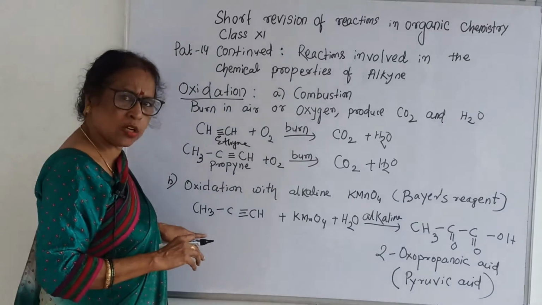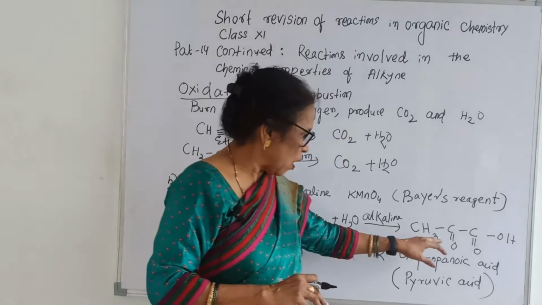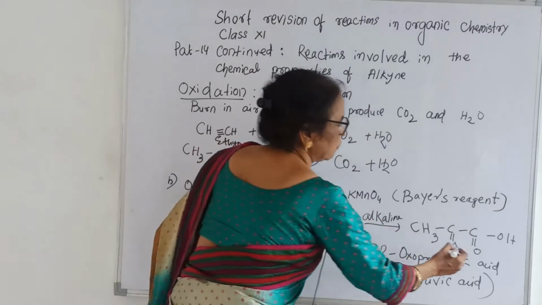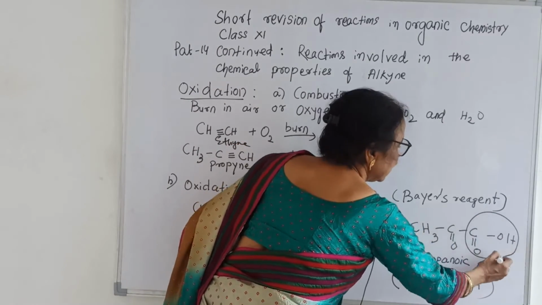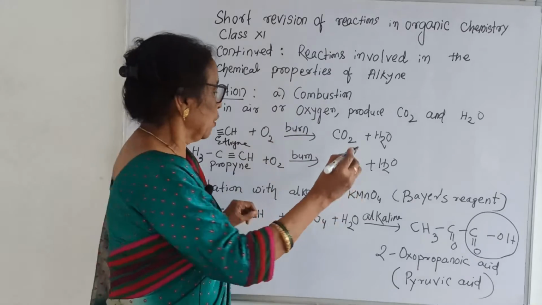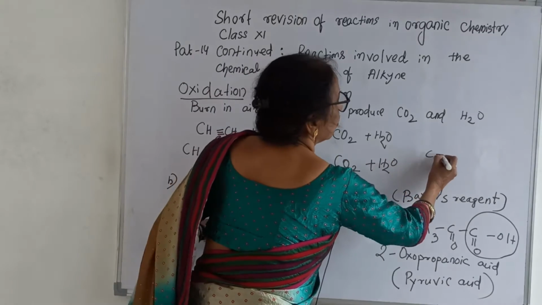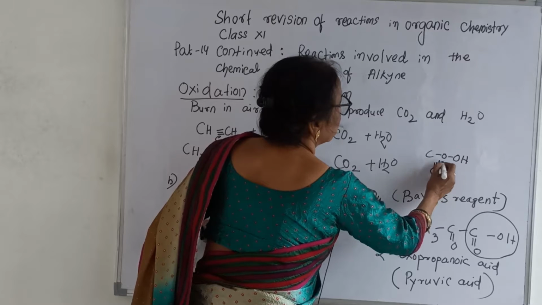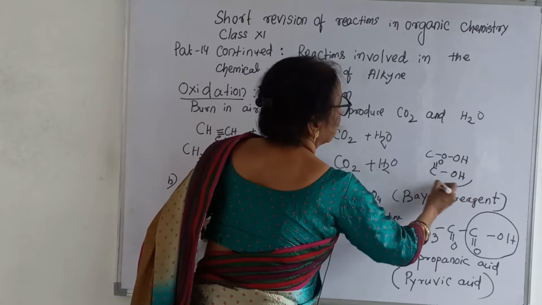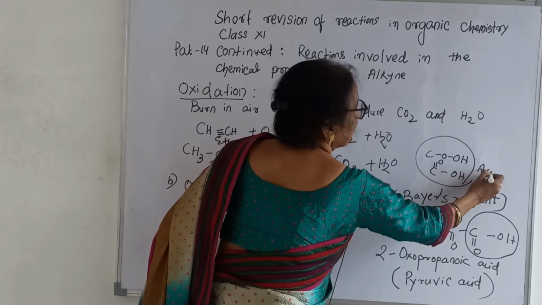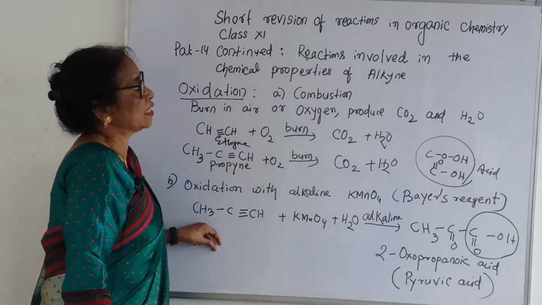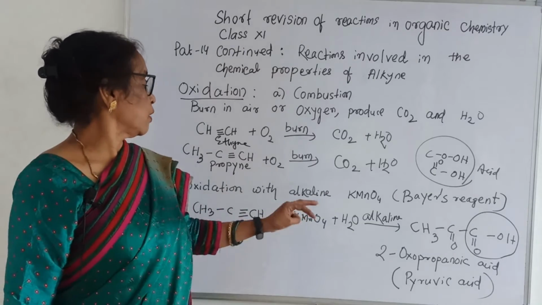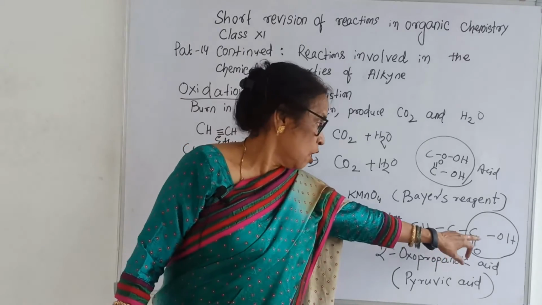Now see, there is no oxygen here, but here there are 1, 2, 3 oxygens in the form of acid. See here, this is COOH. You can write COOH or you can write C double bond OH. Both have the same meaning, that is carboxylic acid. So what happened here, this is known as 2-oxo because it is at position 2.